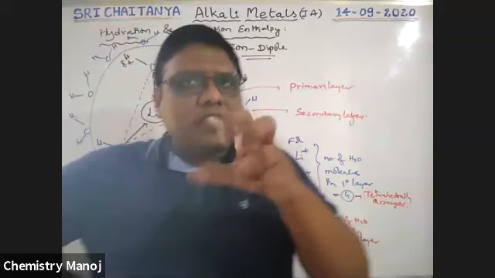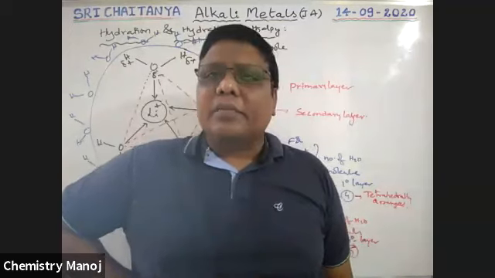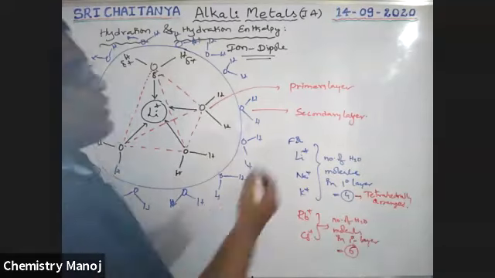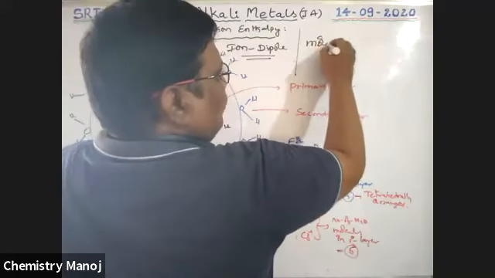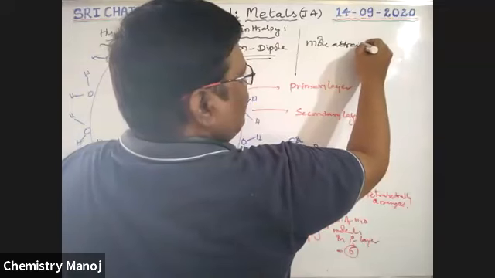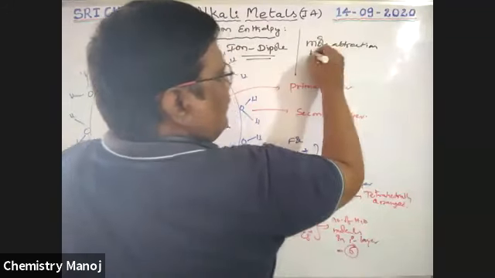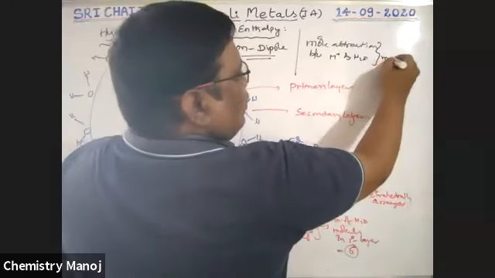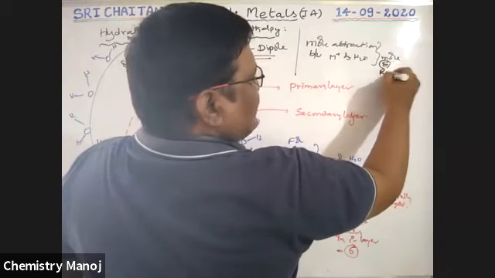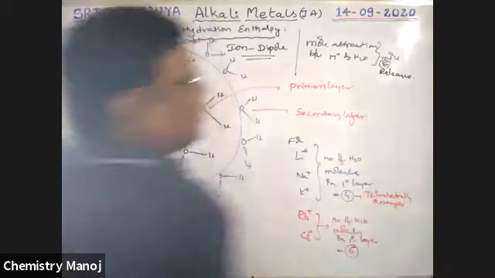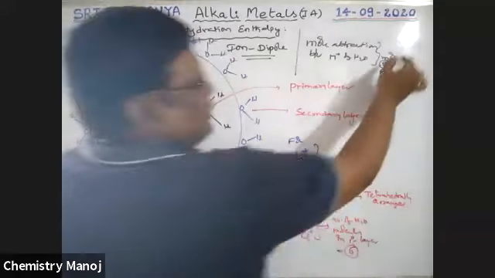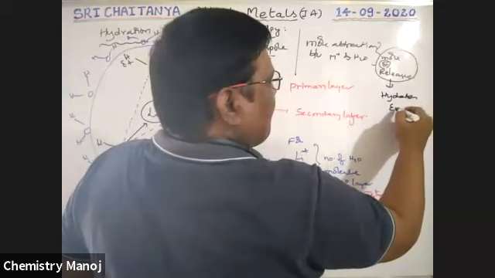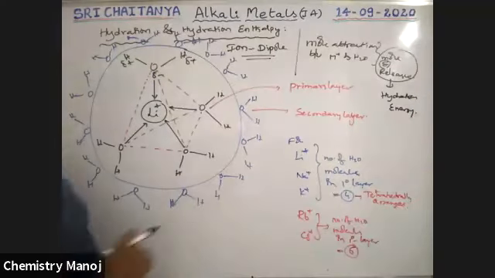But as the size increases, this attractive power decreases. Here there is strong attraction between water molecules and lithium. The more the attraction between metal ion and water, the more energy is released. This released energy because of water is called hydration energy.